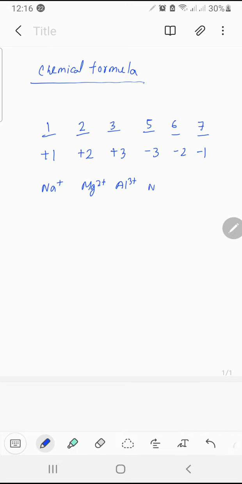So nitrogen would be N3-. And in group 6, there is oxygen. It would be O2-. In group 7, there is chlorine. So it would be Cl-.